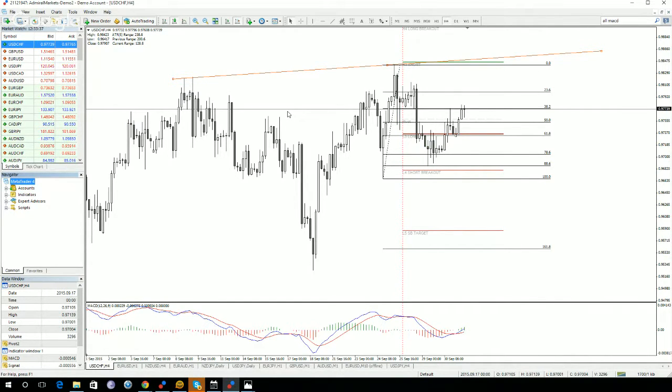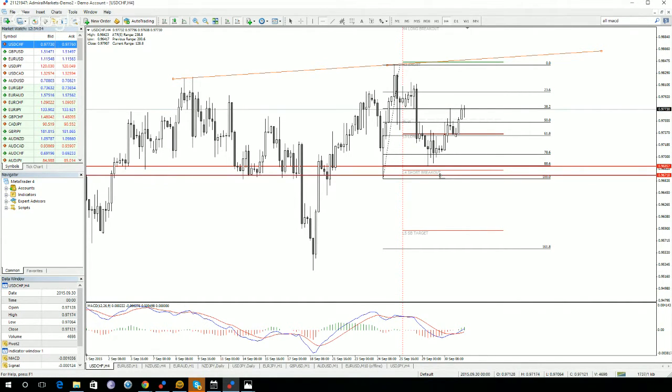So mark this level, and I will show you where to take a potential long trade. This can happen today or tomorrow, maybe tomorrow because of NFP, but I see a good confluence here around the 88.6 at 96.85, so somewhere around this region.